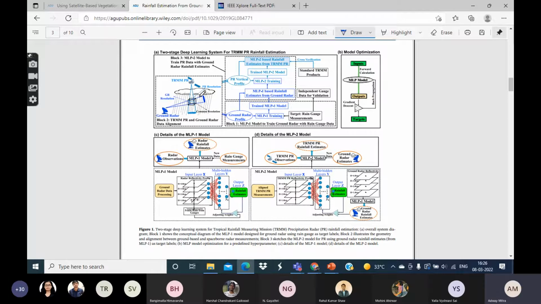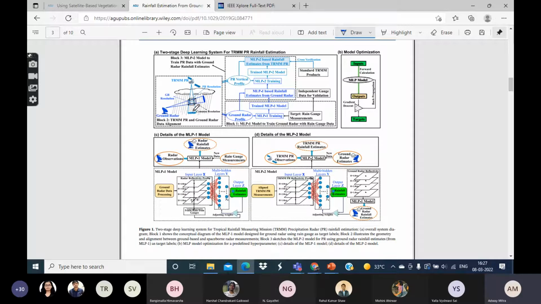Both the ground radar and the TRMM radar have a common region where both of them take measurements. This radar is taking images of this block, and similarly this spaceborne radar is also taking images of this block. And let us say that here we have a rain gauge which actually measures the quantity of the rainfall.